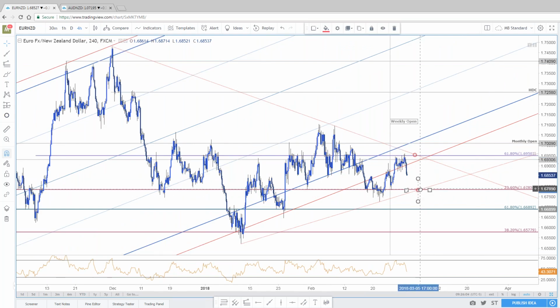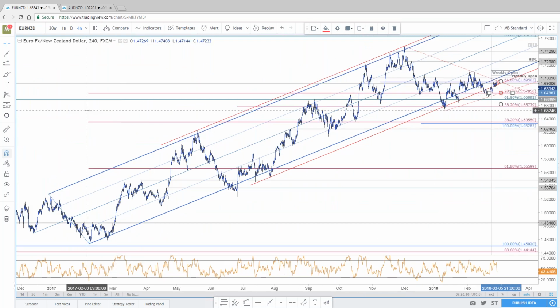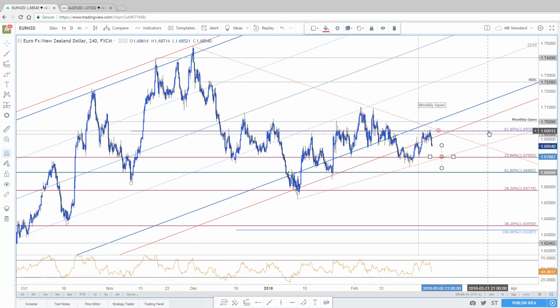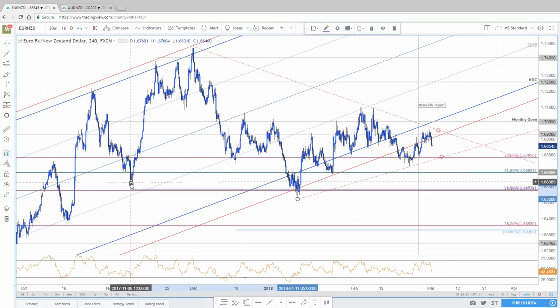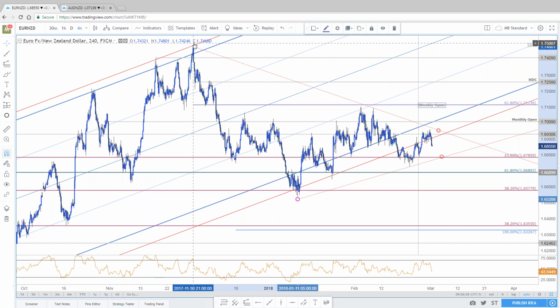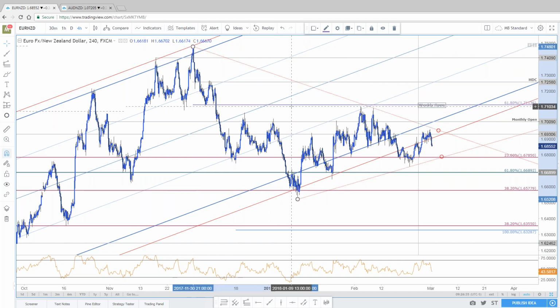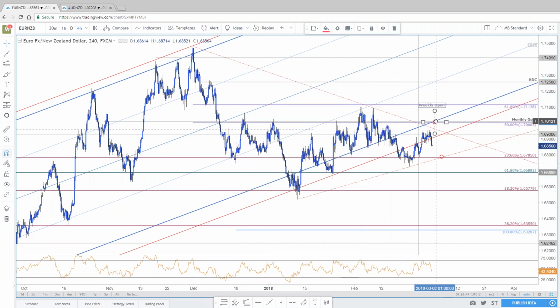Obviously support here: that's the weekly opening range low as well as a 236 retracement, the entire retracement from the advance off the 2017 low. Put that there. That's your bearish invalidation.